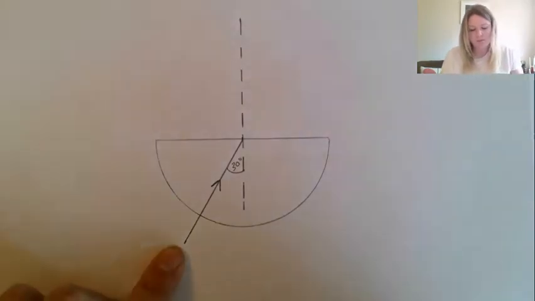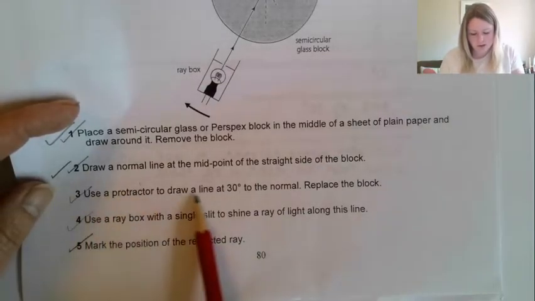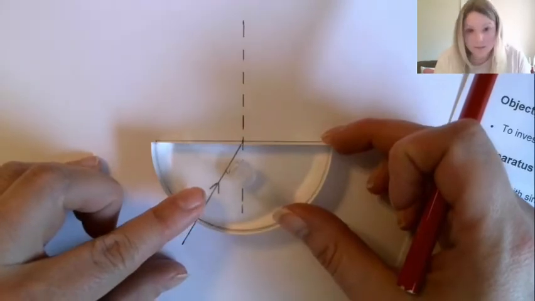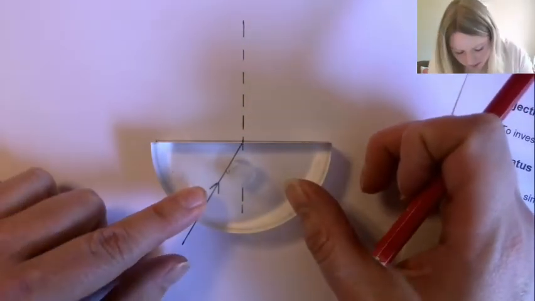So if I go back to my instructions, use a protractor to draw a line at 30 degrees of the normal, replace the block. So I'm going to set this on and I'm going to spend a bit of time making sure that I have it on right.